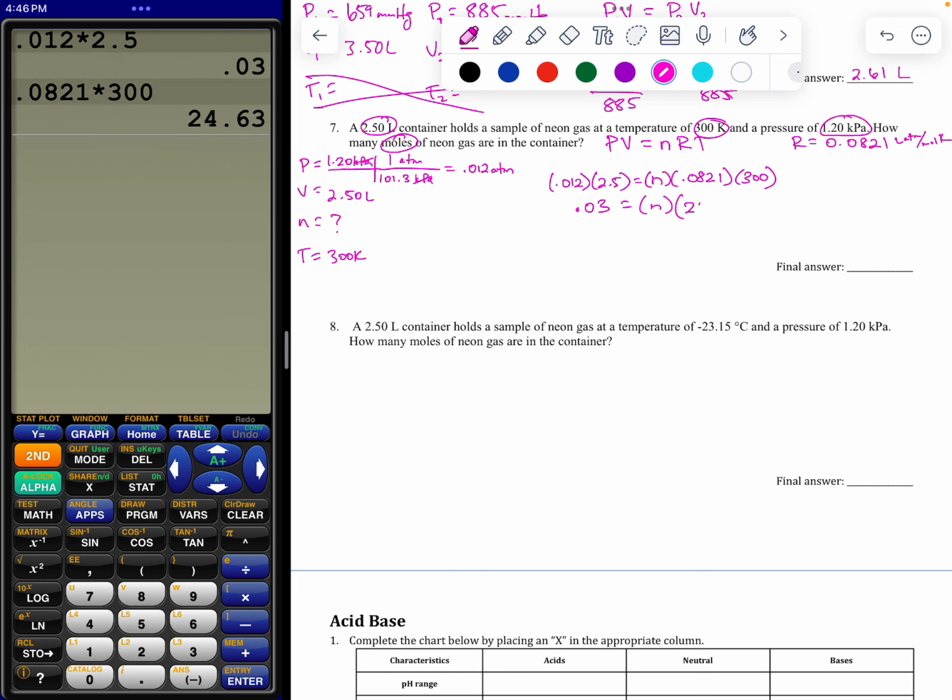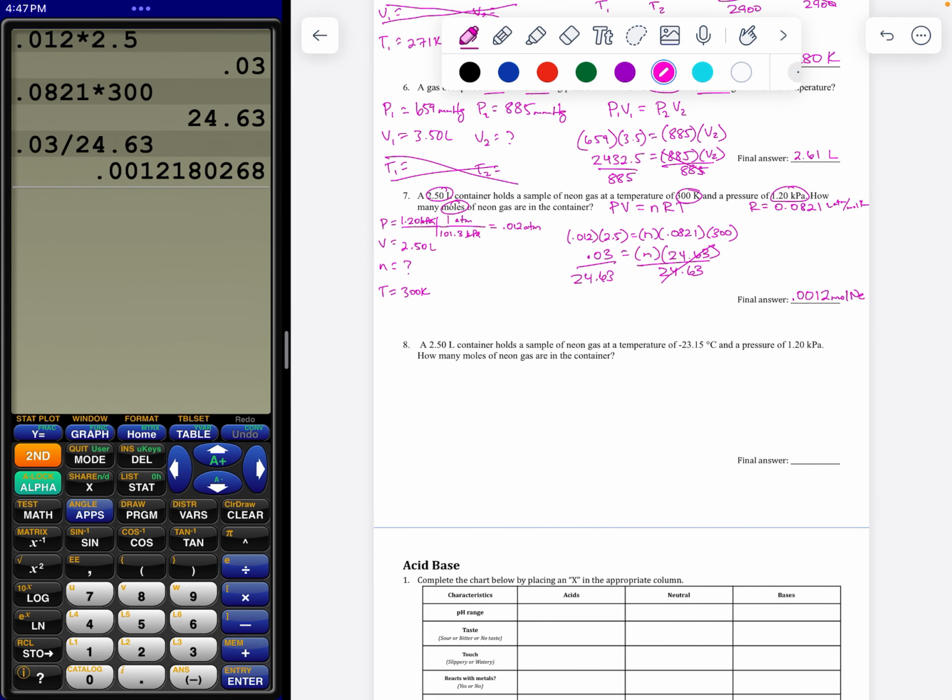That gives us 24.63. Divide both sides by 24.63. And we should end up with, I believe, well, let's do it just to be sure, 24.63. And we get 0.0012 moles. And of course, that's of neon gas there.